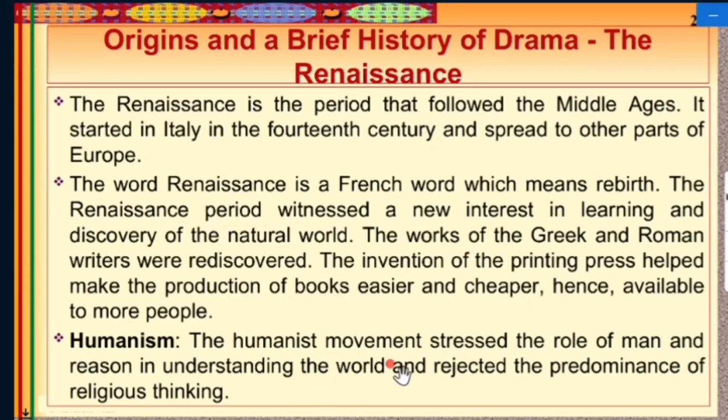And the humanist movement stressed the role of man and reason in understanding the world and rejected the predominance of religious thinking. So humanism started during the Renaissance, in which religious thinking was rejected, and instead the humanist belief in the role of man and reason in understanding the world dominated.